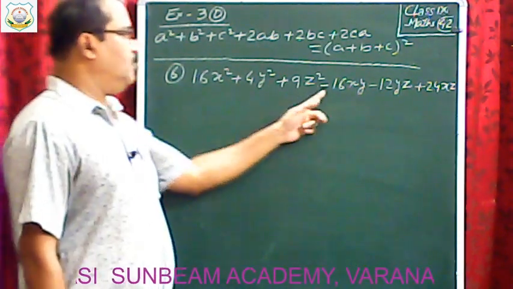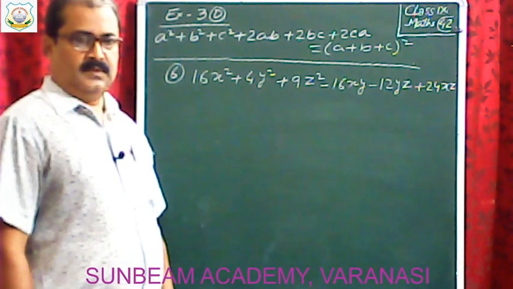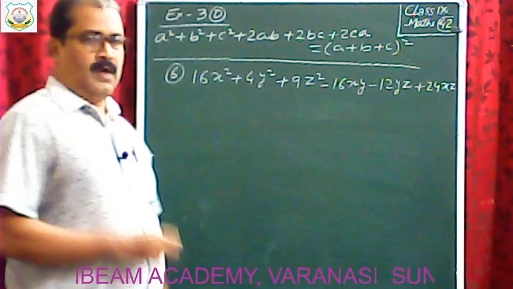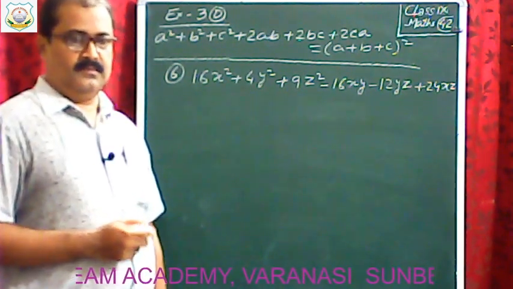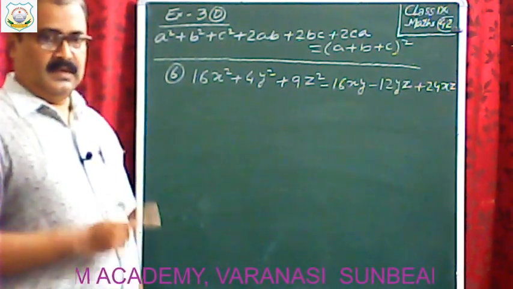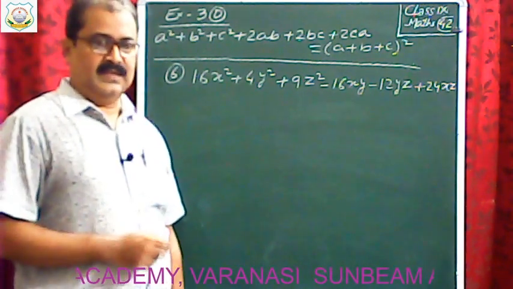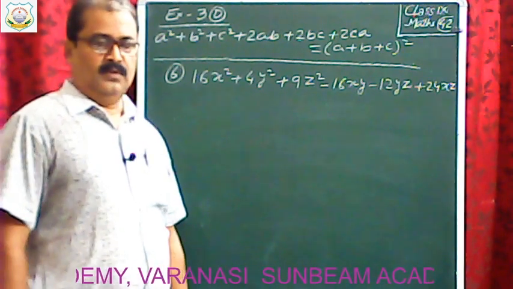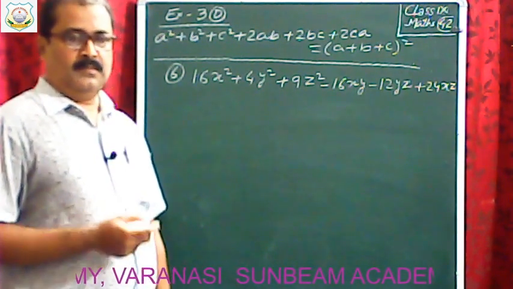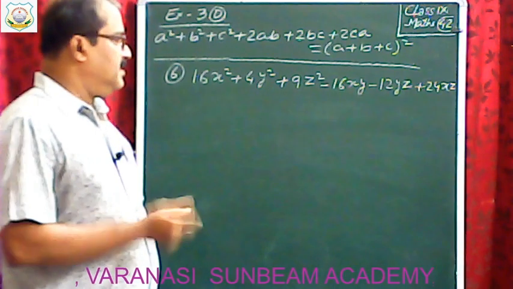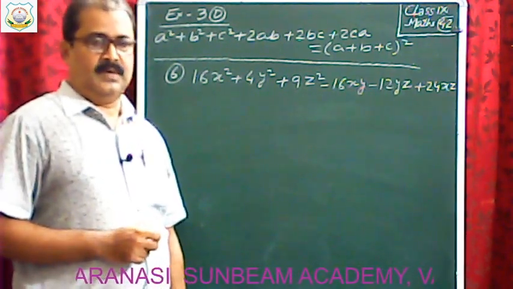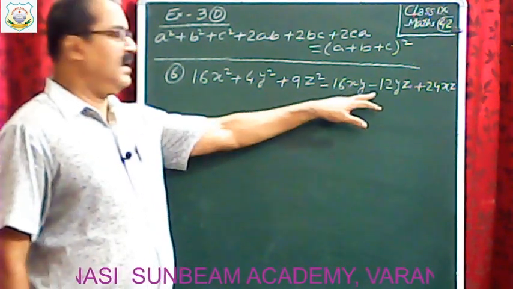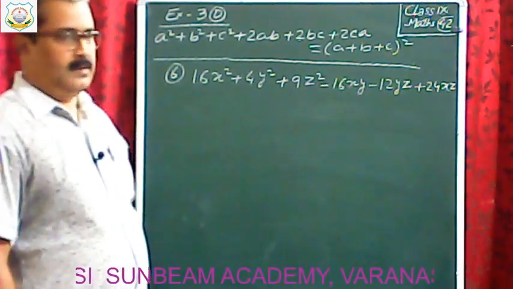Okay, but there are 2 negative signs. So we have to identify which term out of a, b, c is negative. Which one term is negative? A or B or C, which one is negative, we have to identify. Means according to the given polynomial, which term among x, y, z is negative. We have to identify the negative term. That's why we have 2 negative terms in the polynomial.